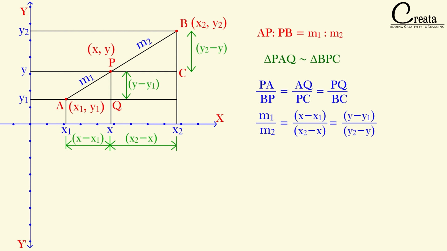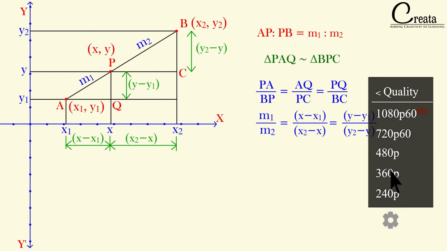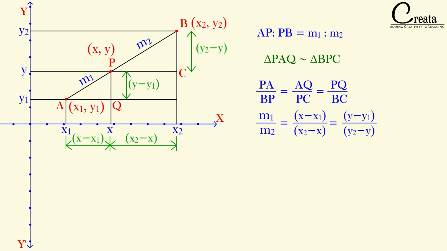So AP upon PB, the ratio of these two sides, is m1 is to m2. Got it? Further, if we take these two parts and these two parts separately, we get two separate equations. In the first equation, the variable is x, and in the second equation, the variable is y.